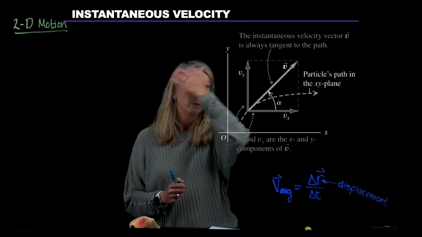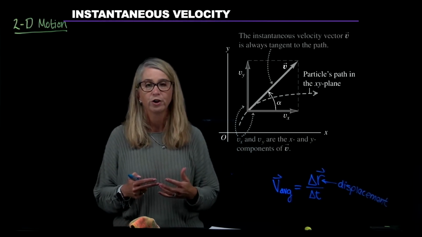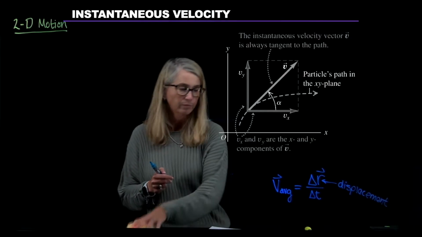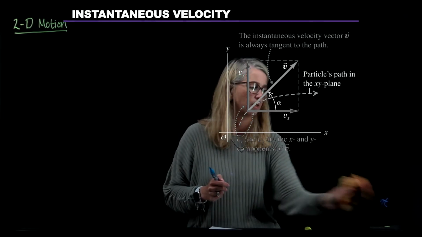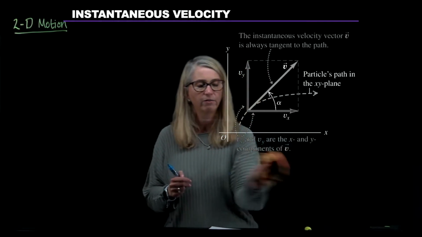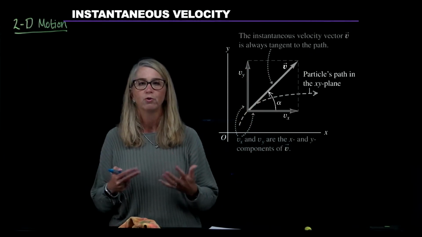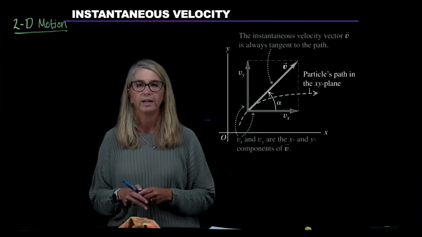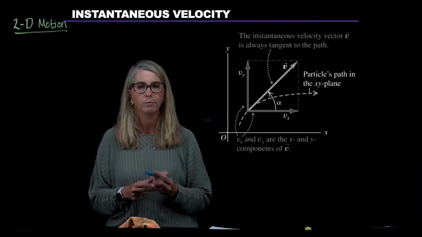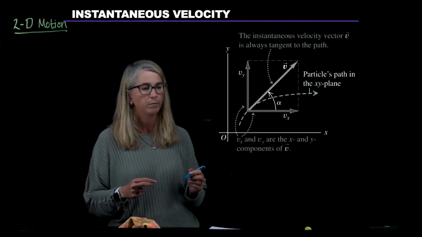One of the things that was shown in that other picture was how that average velocity vector was drawn relative to the path, but let's look at instantaneous velocity, because this is what we really want to remember.